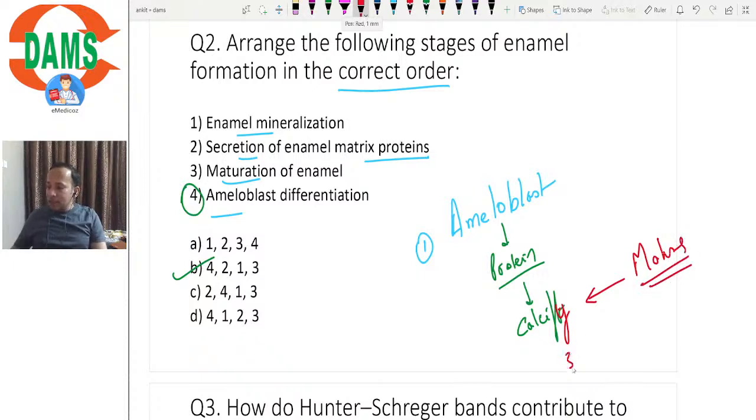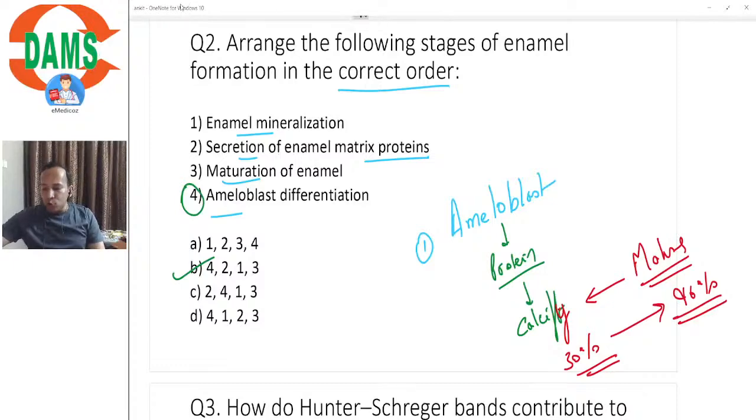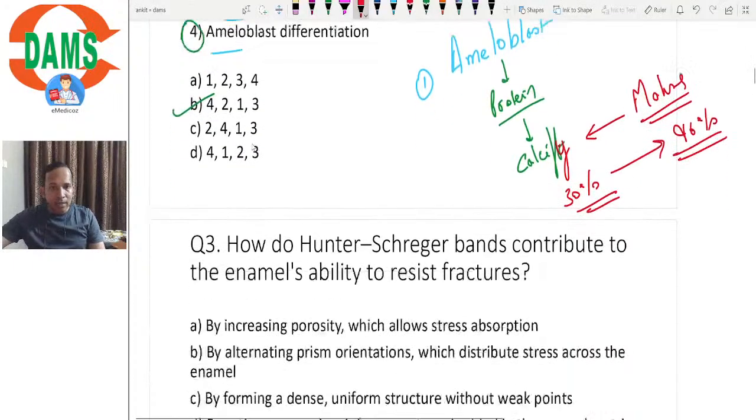That is, the 30% mineralized enamel will convert into 96% mineralized enamel, isn't it? So initially there is mineralization and then there is maturation of the enamel. So the correct sequence would be 4, 2, 1, 3, right?